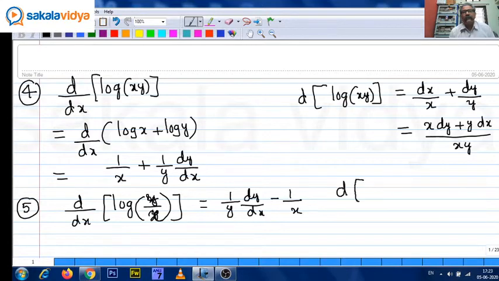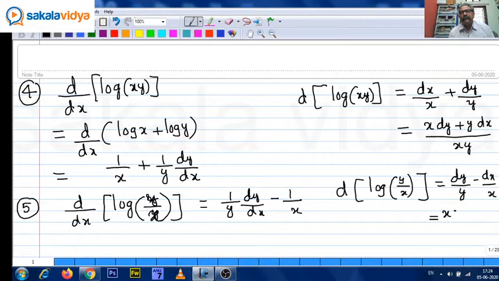So therefore d of log of y by x equals dy by y minus dx by x. This can be written as x dy minus y dx upon xy. So similarly, you can generate so many integrating factors like this. One of the examples I have given.